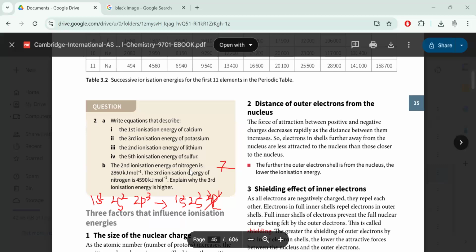The nucleus is the center of the atom. When it becomes closer to the nucleus, the force of attraction becomes stronger. When the force of attraction becomes stronger, it requires more energy. Therefore, the ionization energy is also higher. So that's what I'm trying to say. I hope you can understand this.